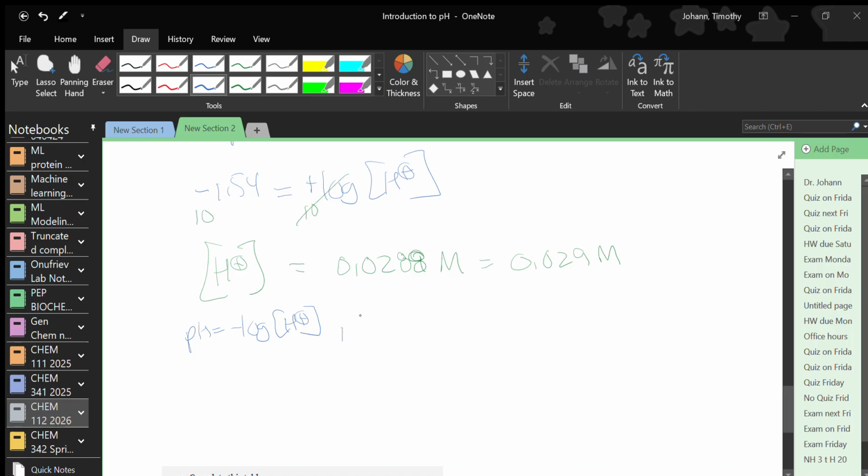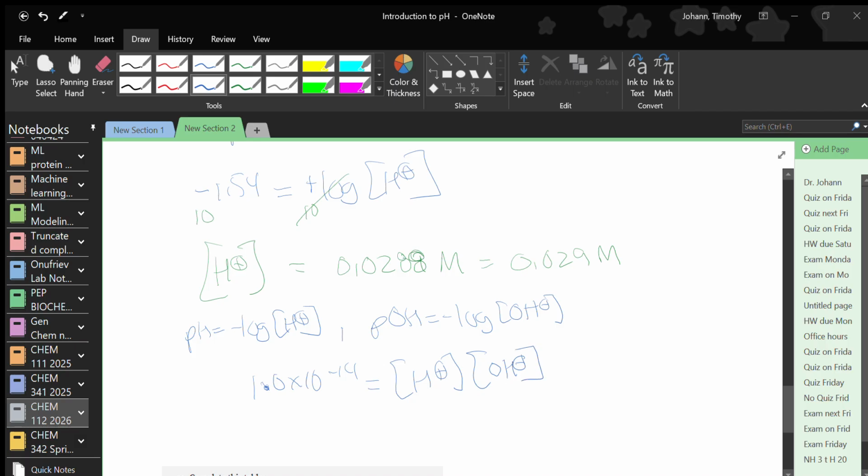And we also have pOH is equal to negative log of OH minus, okay? And then we have the final equation we actually started with, which was 1.0 times 10 to the negative 14th is equal to my concentration of H plus times the concentration of OH minus.